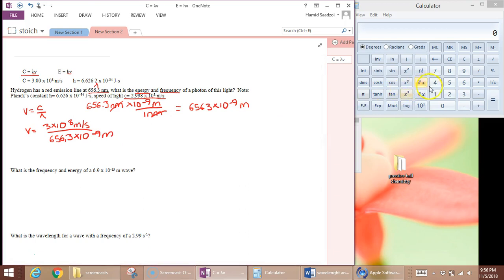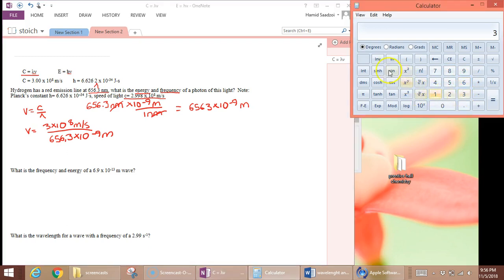So we're going to plug this into our calculator. We have 3, we press the exponent button, which tells our calculator it's going to be 10 to that power, 8, divide by, which is right there. You can see it's putting in a long form for you.